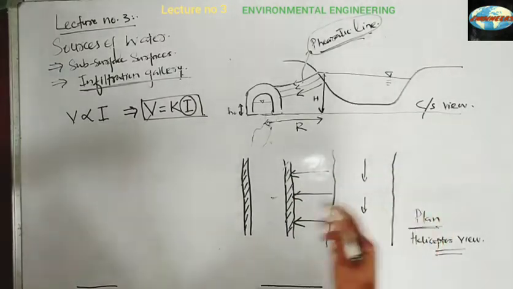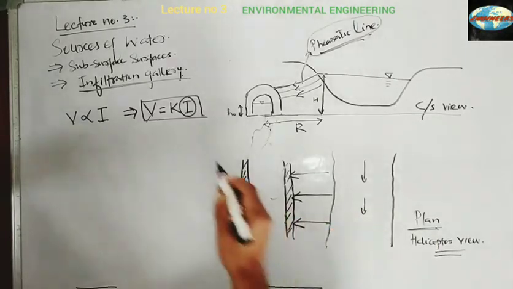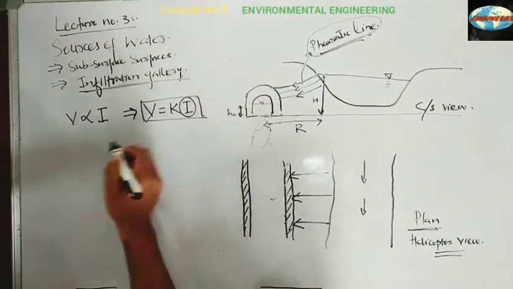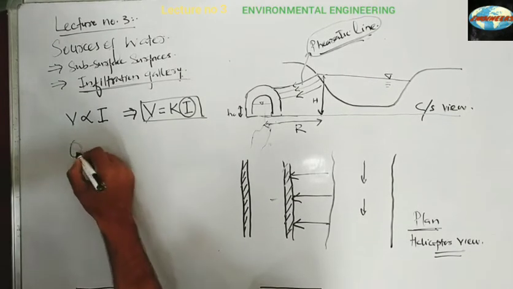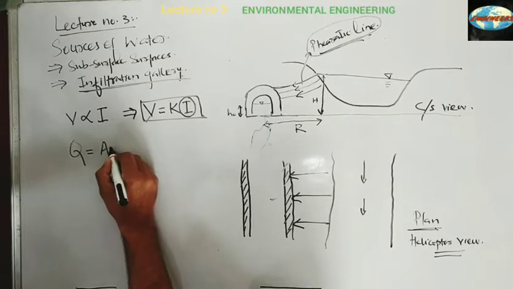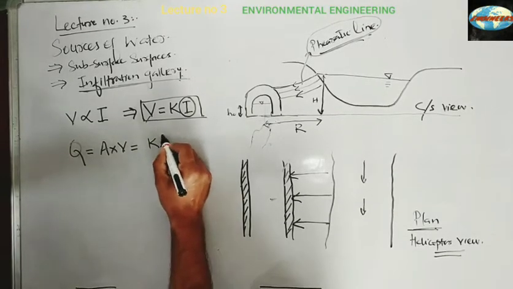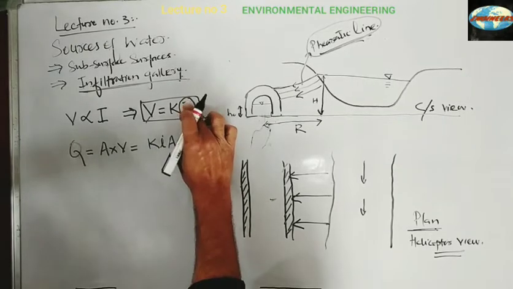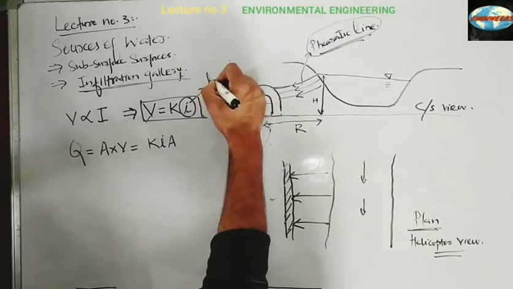Now, how much discharge we are getting in this infiltration gallery will obviously be given by Darcy's law, and when we use the concept of discharge, discharge Q is equal to area into velocity, so we'll be getting KiA. Okay, so it is not capital I, actually it's represented like this, small i. So this is the hydraulic gradient.